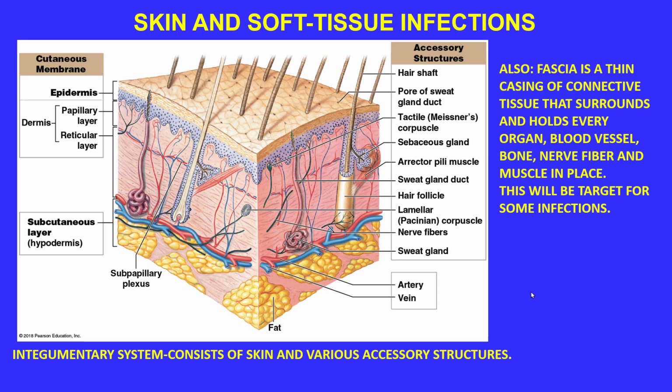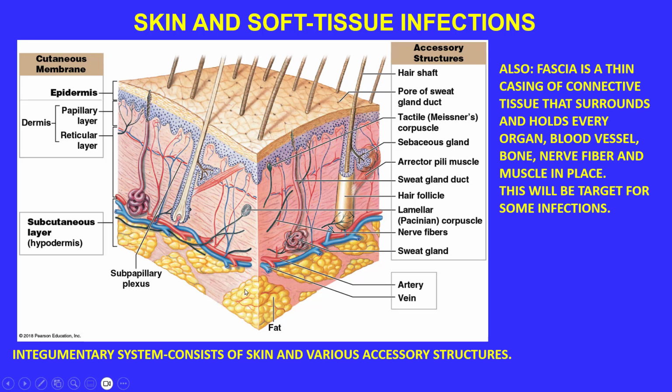You'll have nerve fibers, sweat gland, and the really important areas will be, of course, the artery, the epidermis here, the dermis, which is the earlier part, the papillary layer, and then underneath is the reticular layer. Now, below that will be called the subcutaneous layer that's known as the hypodermis.